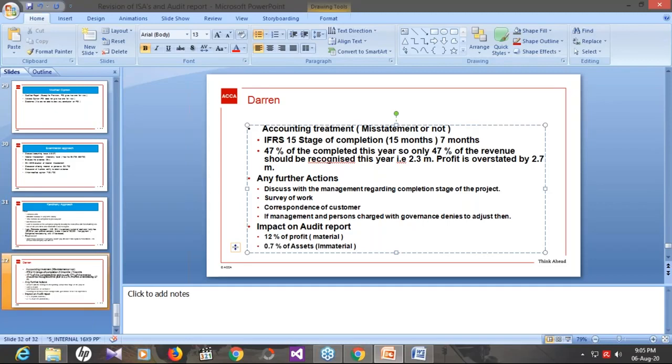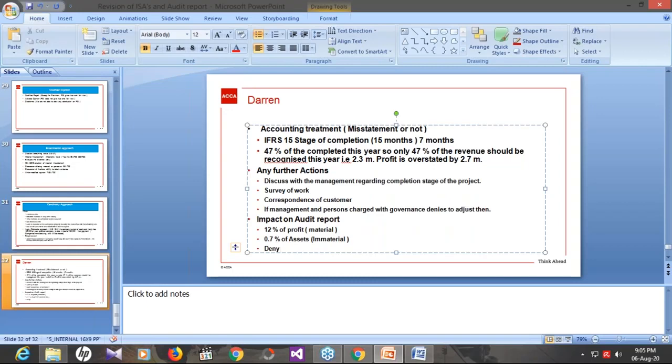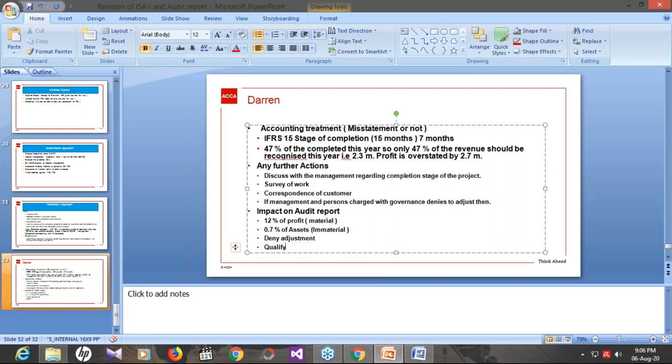And if the auditor has been provided all the relevant, sufficient and appropriate evidence that he needs, as we have discussed in any further action, and they don't adjust, they deny adjustment, which is the case, so we are going to qualify the report, which means we are going to use except for.